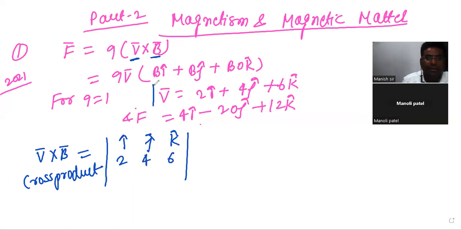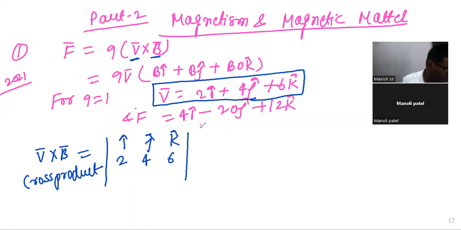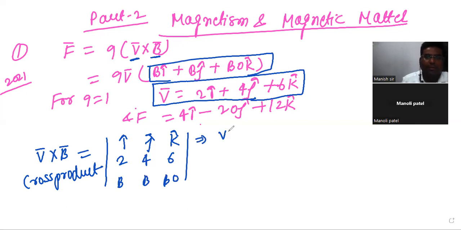So you can see the velocity components; write the coefficients respectively, right? And next is the magnetic field component. So this is your magnetic field component, right? So put here B naught, B, B. Now we are finding V cross B, velocity cross magnetic field, right?